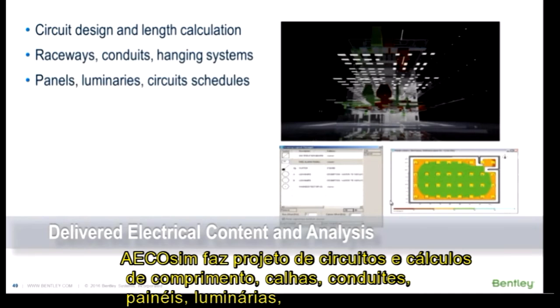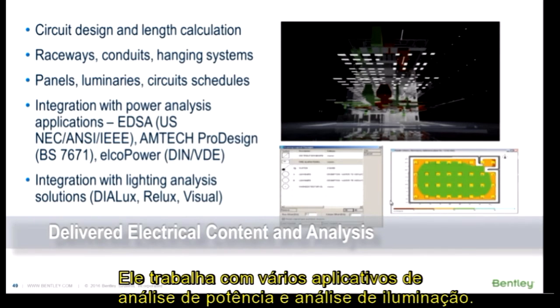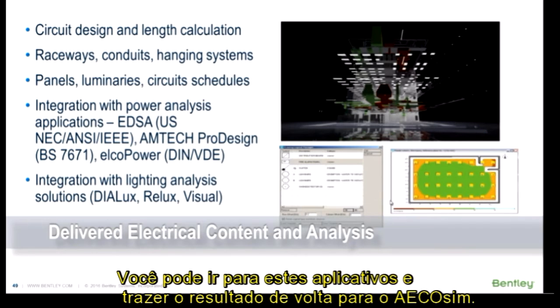It does circuit design and length calculations, raceways, conduits, panels, luminaires, circuits, and schedules. And it also works with several power analysis applications and lighting analysis applications. So you can go out and do the analysis and bring it back into AECOsim Building Designer.